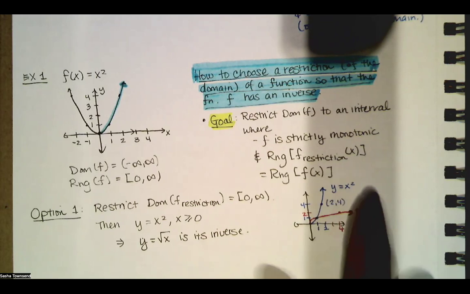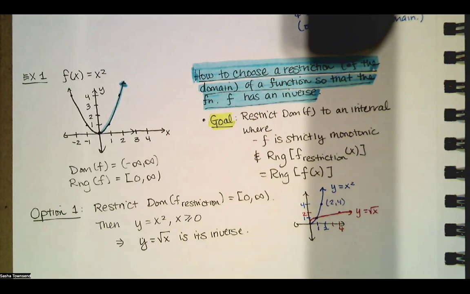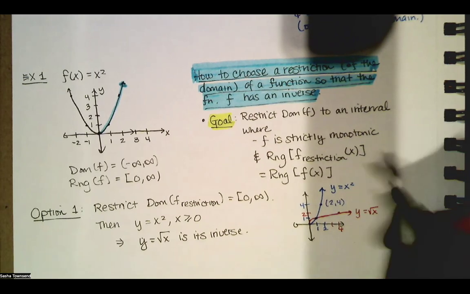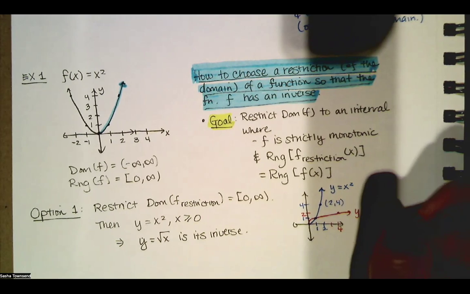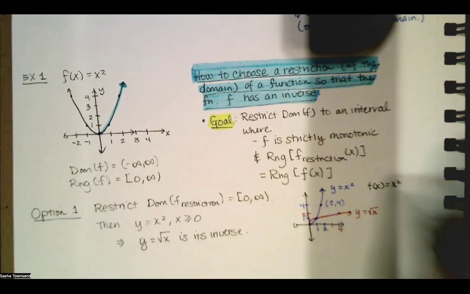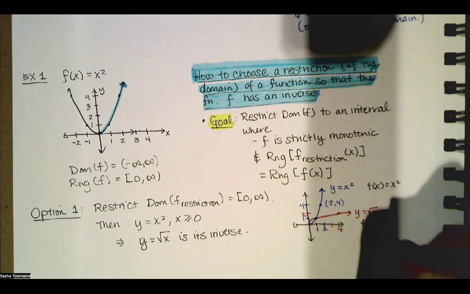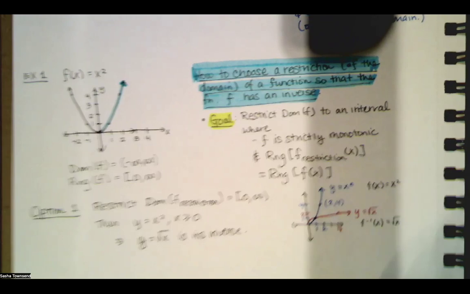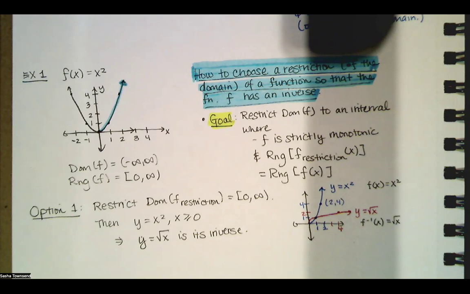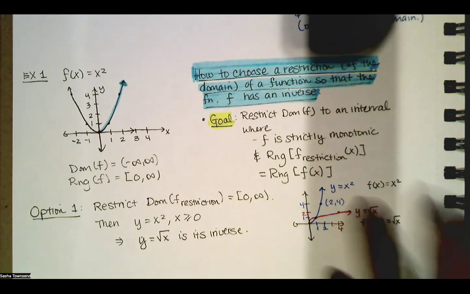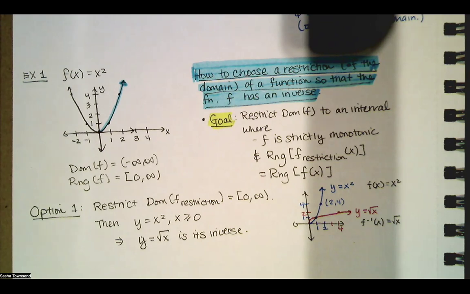Now I've written y equals x squared and y equals the square root of x, but I could have just as easily said f of x equals x squared and f inverse of x equals the square root of x. Those are our sort of traditional notations for f and f inverse. We like to give the functions a name instead of just calling them y, right?